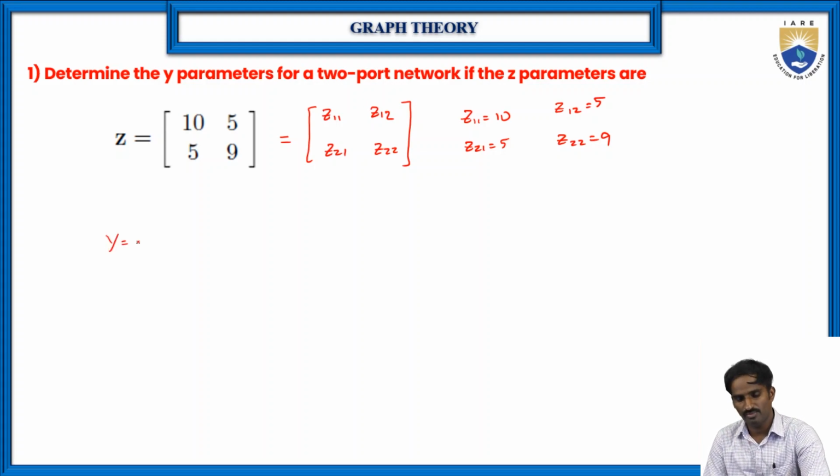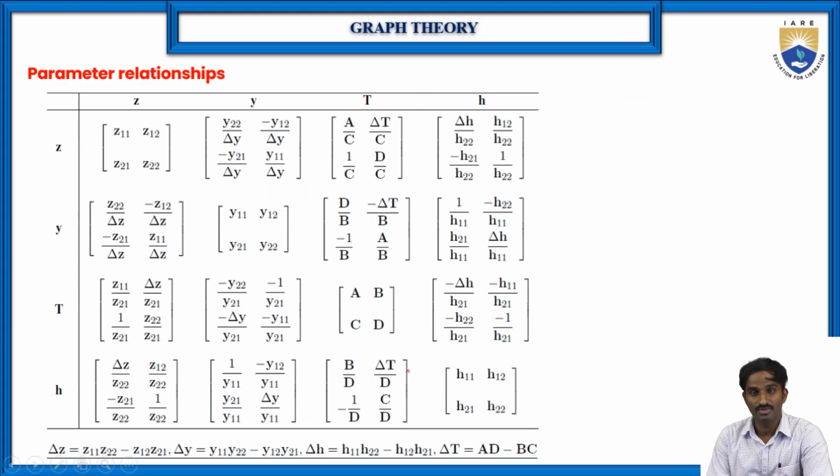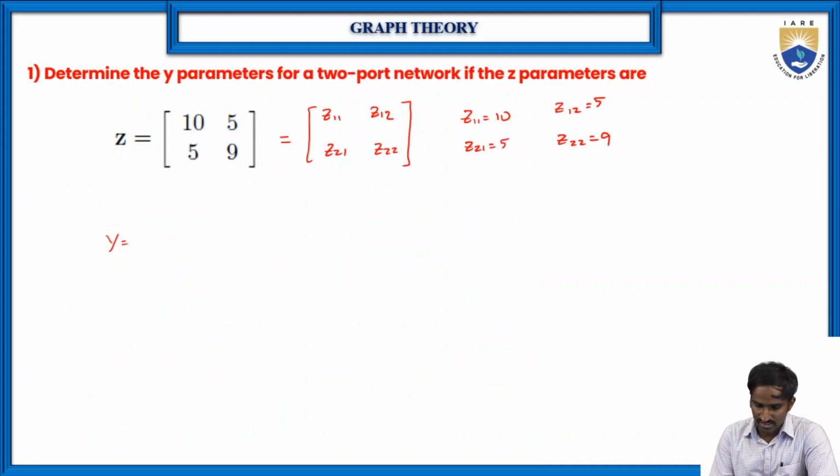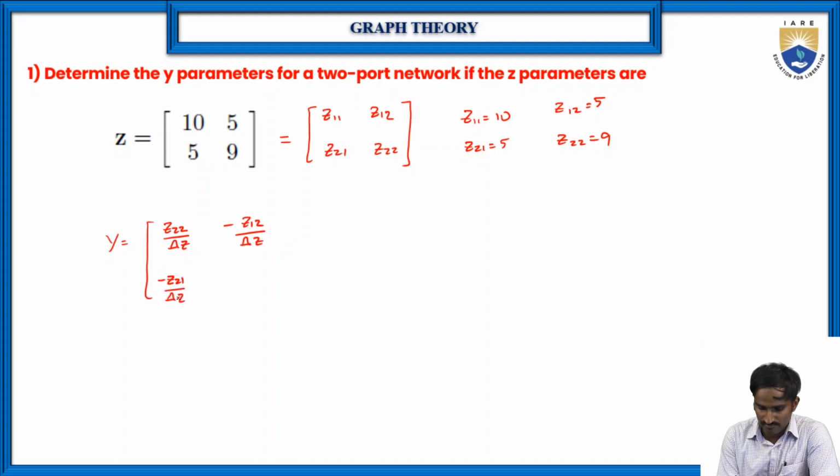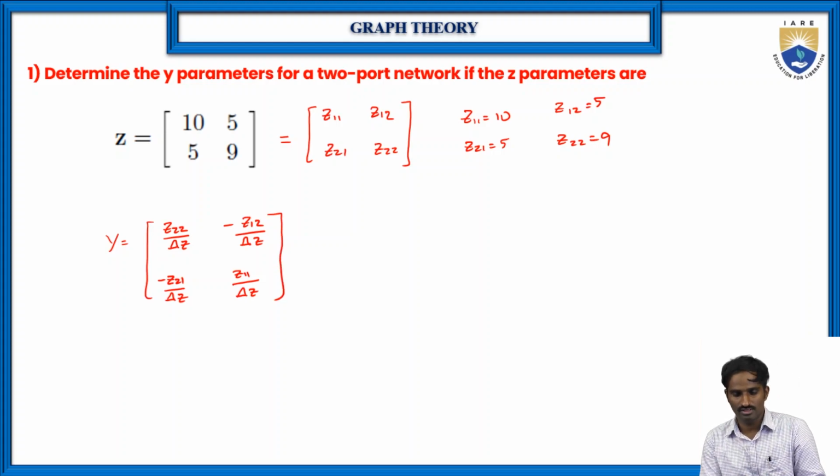As we know already, the Y parameters in terms of Z is this matrix that we are going to use: Z22 by delta Z, minus Z12 by delta Z, minus Z21 by delta Z, and Z11 by delta Z. So this is the relation for the Y parameters.